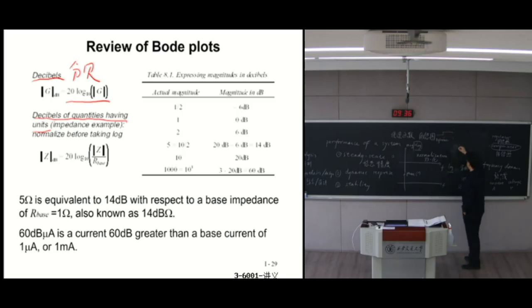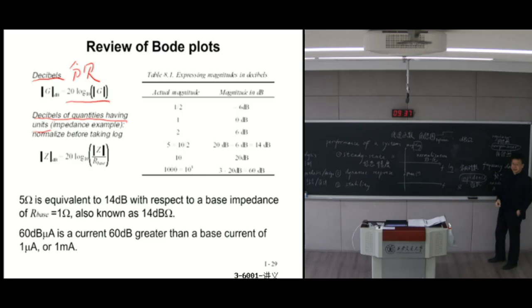For example, if you're trying to plot a Bode plot in dB ohm, the first example, then that means we're talking about the quantity as impedance.